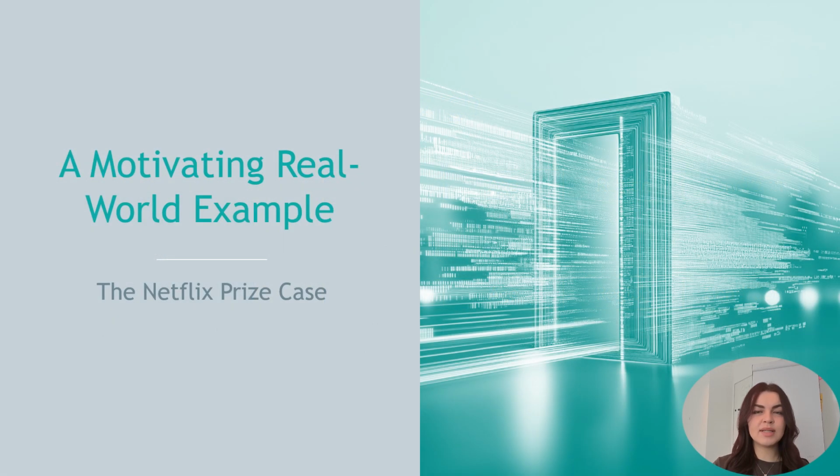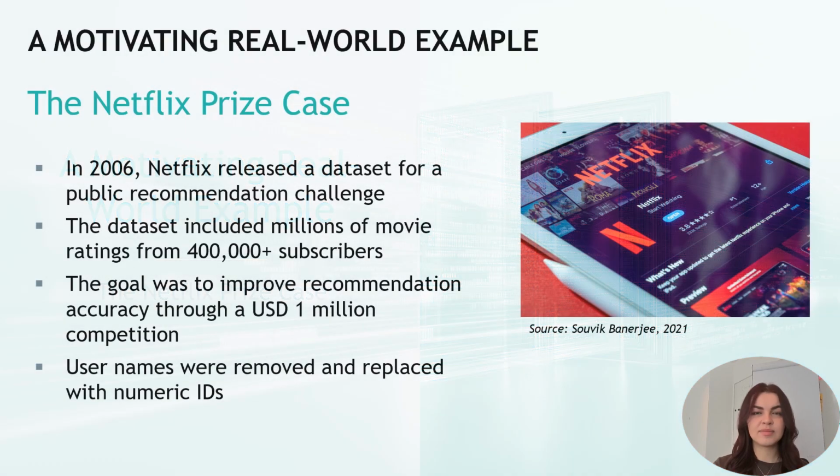What looks simple in a small example becomes even more striking in a real case. We are looking at the Netflix Prize dataset. In 2006, Netflix released a large dataset as part of a public competition to improve its movie recommendation system.